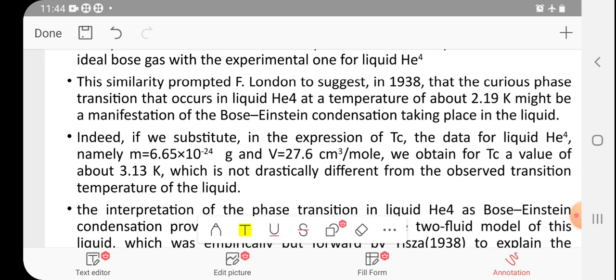This similarity prompted F. London to suggest in 1938 that the curious phase transition that occurs in liquid helium at a temperature of about 2.19 Kelvin might be a manifestation of the Bose-Einstein condensation taking place in the liquid.